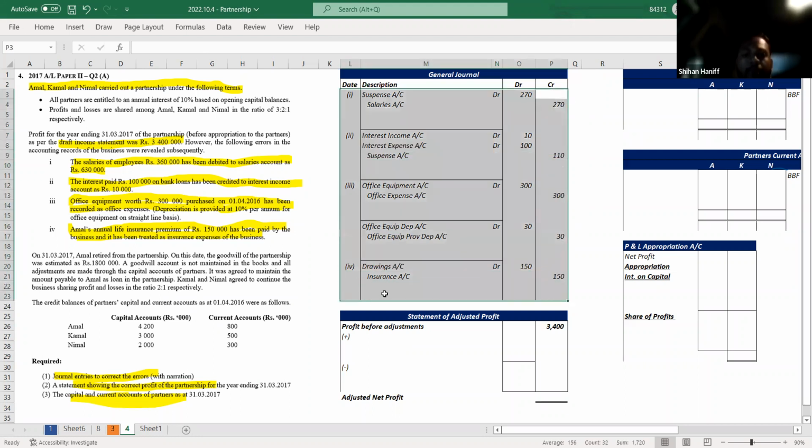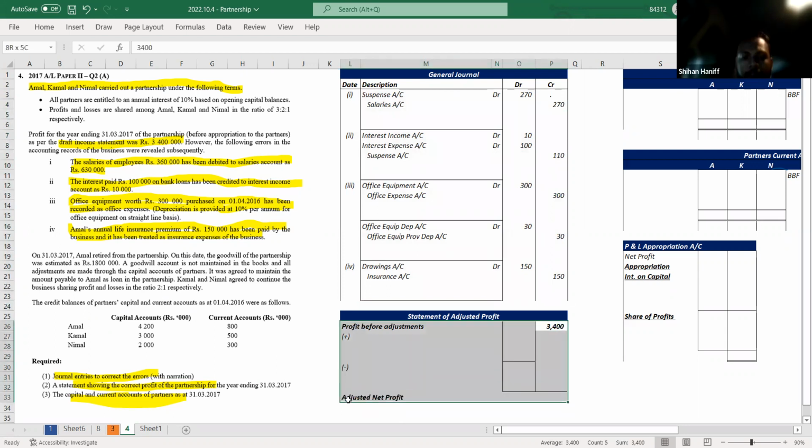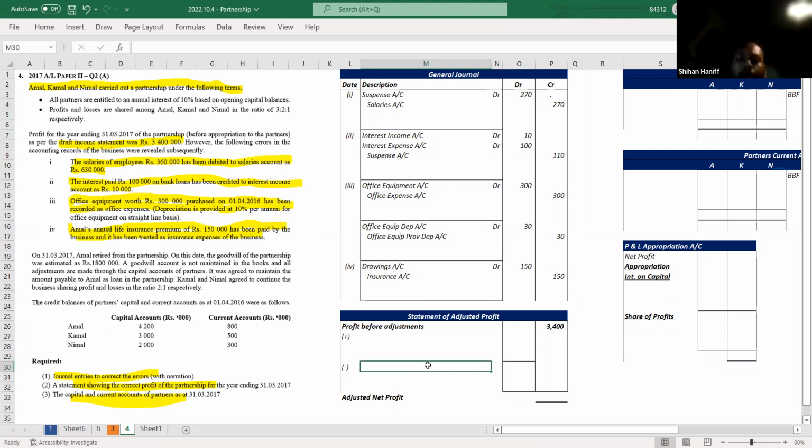So those are the adjustments for the accounts, right? And you need to do the correction for the profit. So can you all tell me what affects the profit? What are the accounts which will affect the profit?